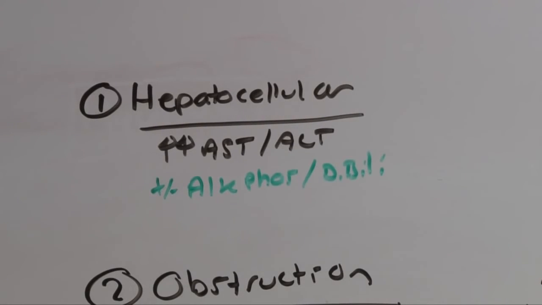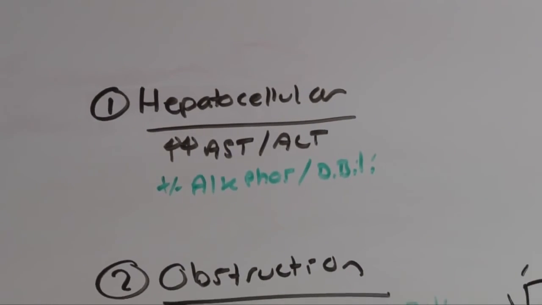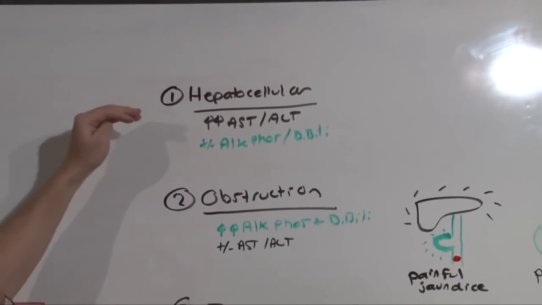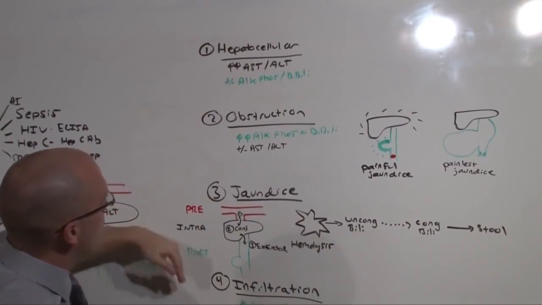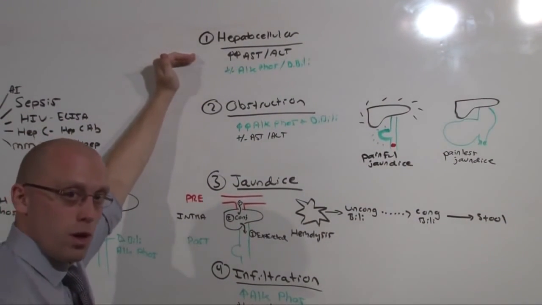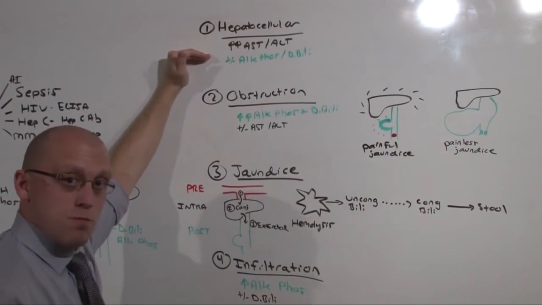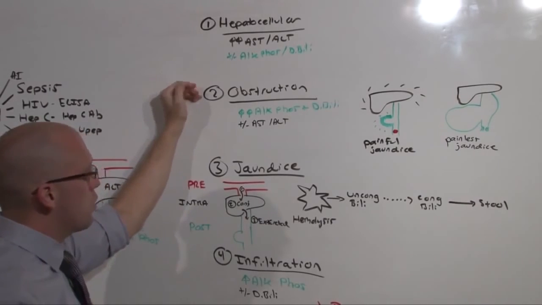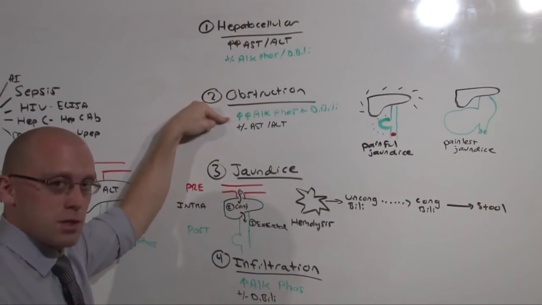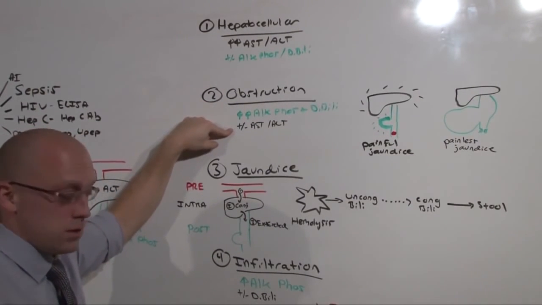But now I want you to be able to recognize that when you look at liver function tests, what you should be doing is attempt to categorize each pattern into one of these four. Either hepatocellular with a lot of AST and ALT elevations, maybe in isolation, but plus minus the alk phos and D. bili. Obstruction with primarily elevations in the alk phos and the D. bili, plus minus some AST, ALT.